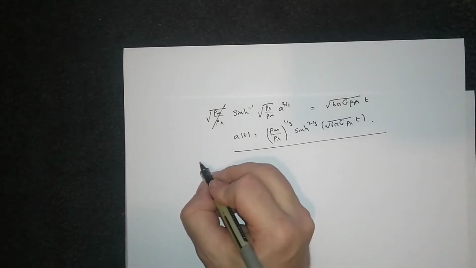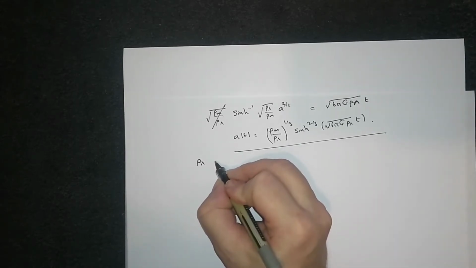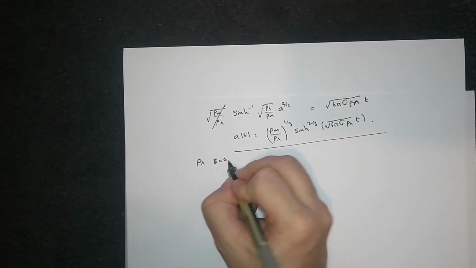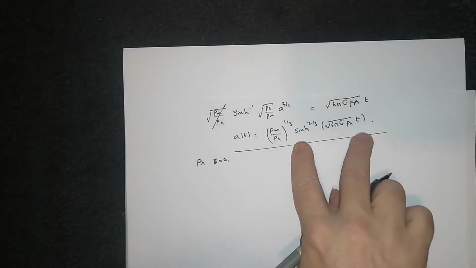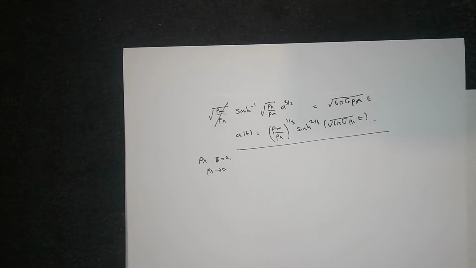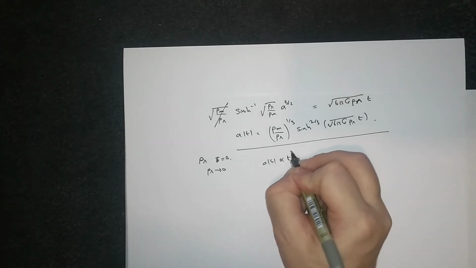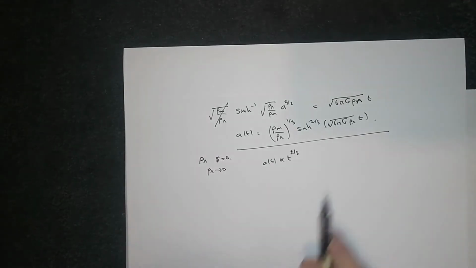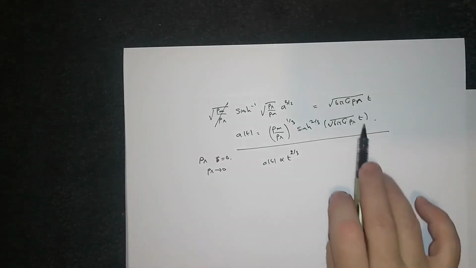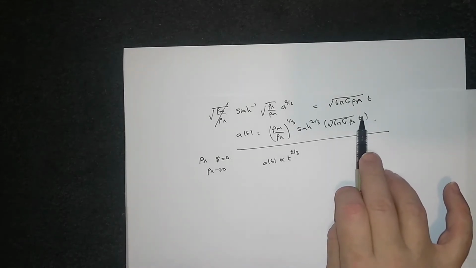Now, if we were to set rho lambda to be 0, where you take the limit as rho lambda goes to 0 in here, that gets rid of the cosmological constant term, the dark energy. All you're left with is matter, and you'll end up with a of t proportional to t to the 2/3. You can see that this thing goes to 0, gives you a t to the 2/3 power.